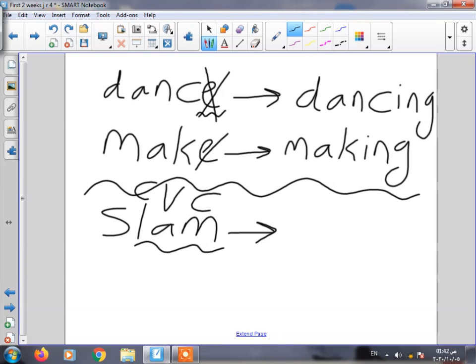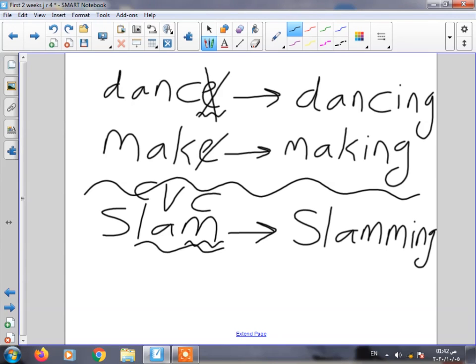So if the verb ends with 3 letters, consonant, vowel, consonant, I double the last letter before I add ing. It will be slamming. I double the letter at the end of the verb before adding ing.